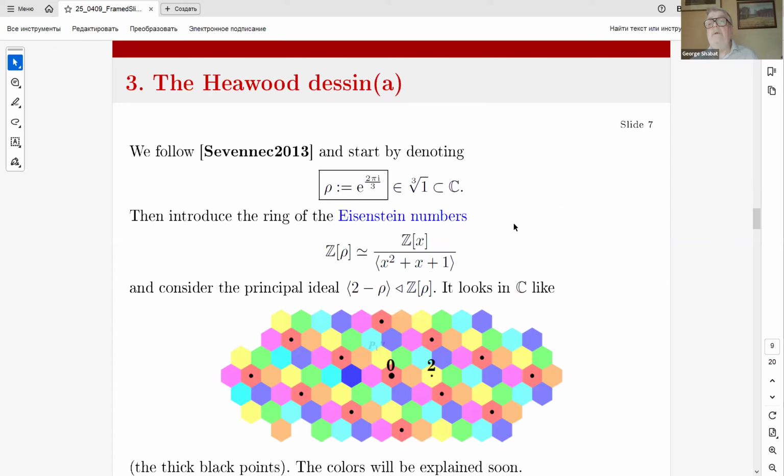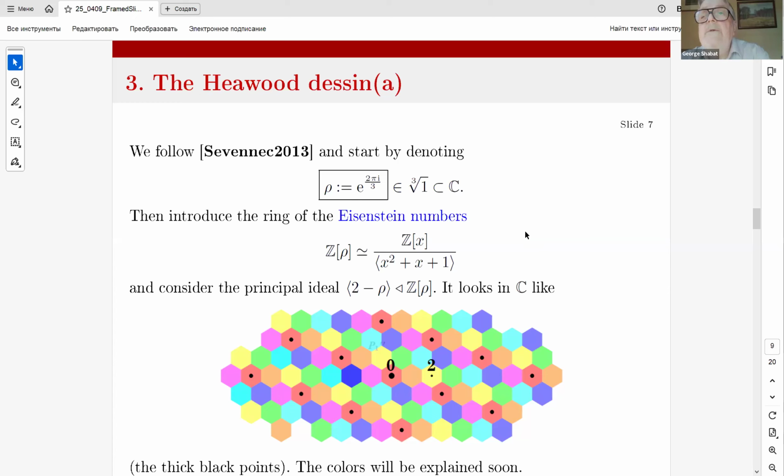Now let us describe the main construction of it, perhaps in some details, just to be sure that we are working with a very concrete object. So, unfortunately, unlike the name i for the imaginary unit, there is no really standard name for the cubic root of 1.